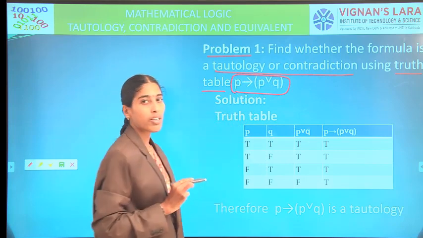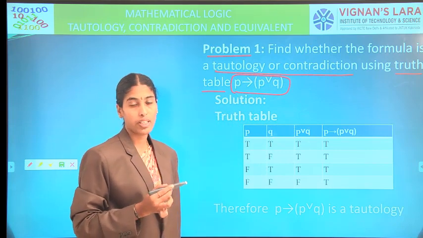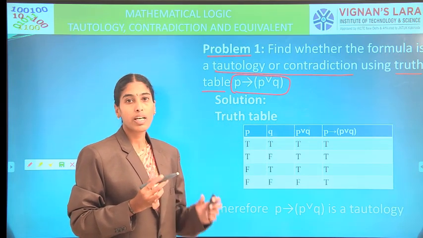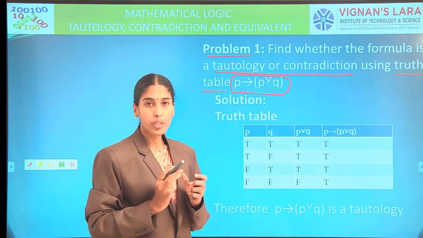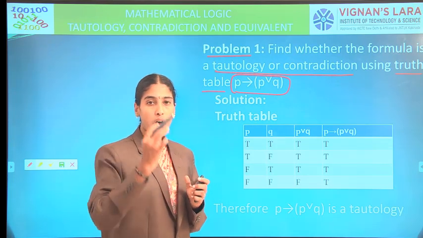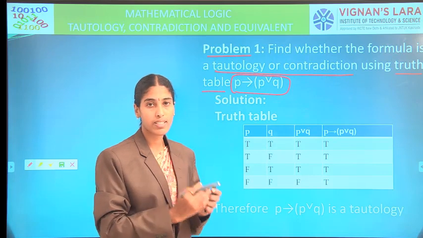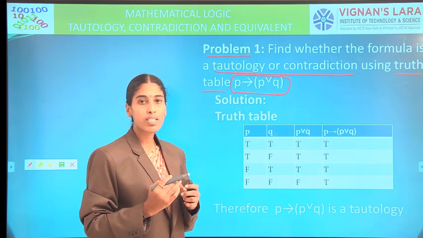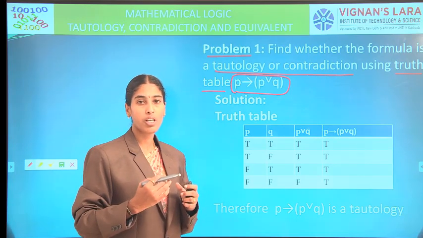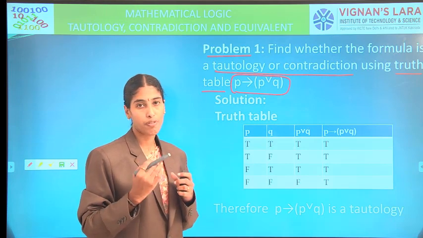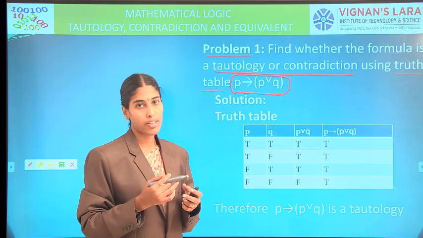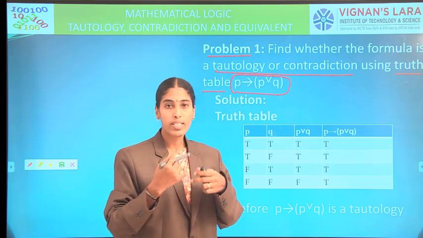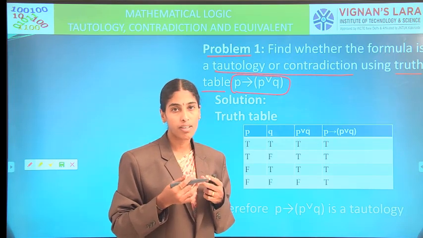Tautology means if the last column of the truth table has all values true, then it is a tautology. If all values are false, then it is a contradiction. If some are true and some are false, then it is a contingency.